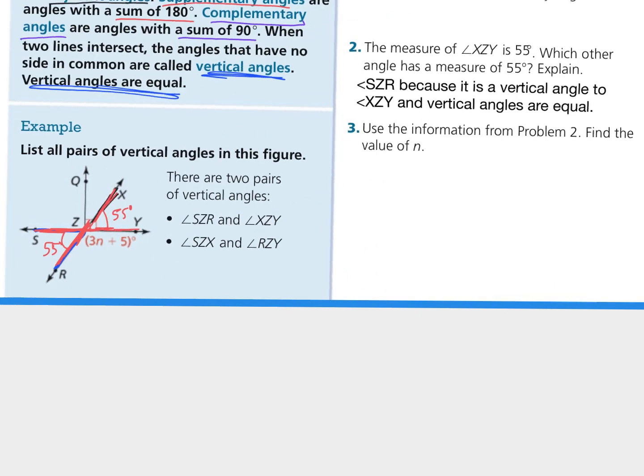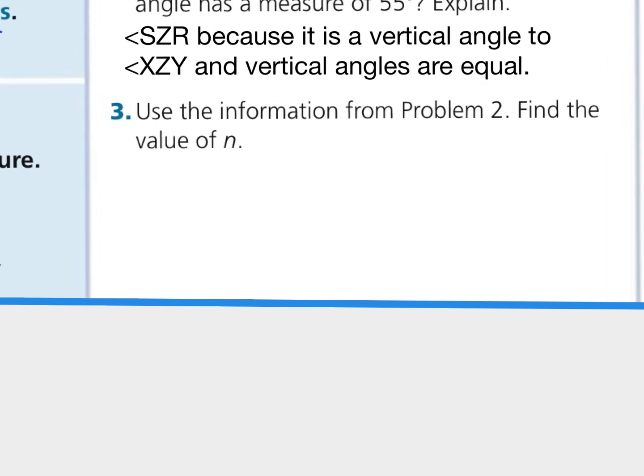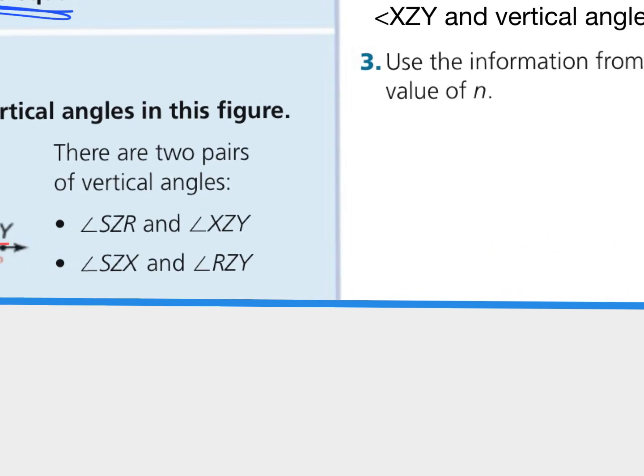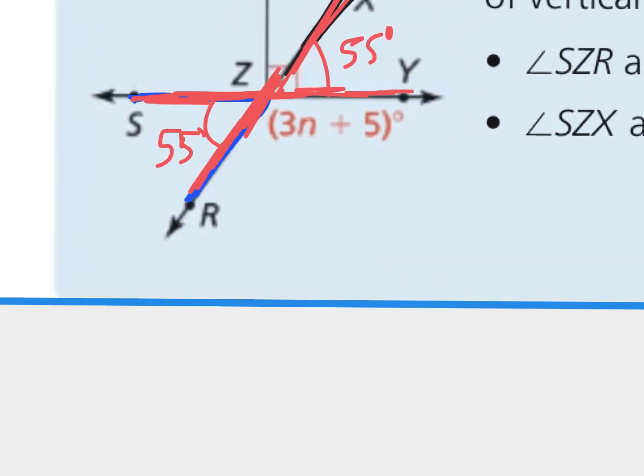And then if you look at number 3, if we use the information from problem 2, find the value of n. So if we know those 55-degree angles, we need to figure out what n is equal to. You might notice that the two angles at the bottom form this straight line, so that would be 180 degrees total.